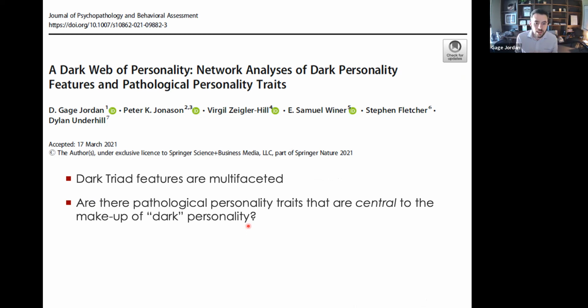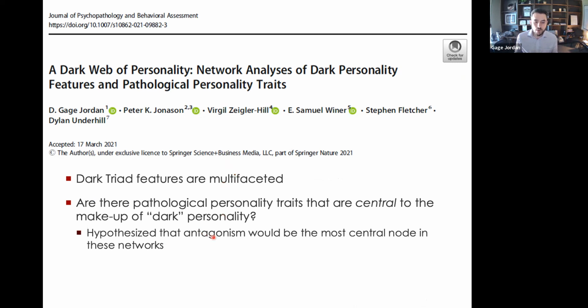Based on prior literature, we focused more so on antagonism, people who are really blunt, straightforward, kind of step over other people, as a personality trait that would be the driving force or factor behind what maintains things like narcissism, Machiavellianism, and psychopathy.